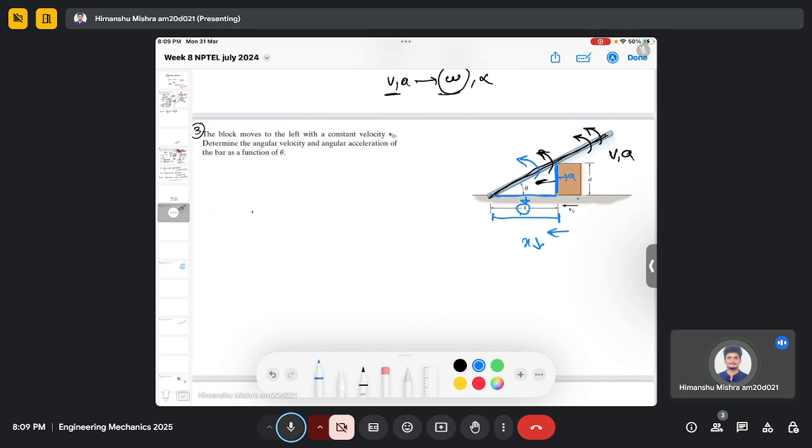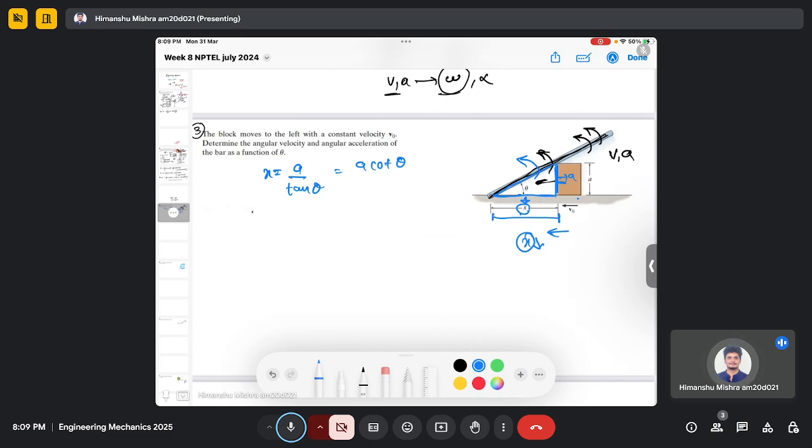So this rotation depends on the velocity and acceleration of x. First, from the trigonometry of this triangle, we have theta, x, and a. We can write x as a by tan theta, which is a cot theta.